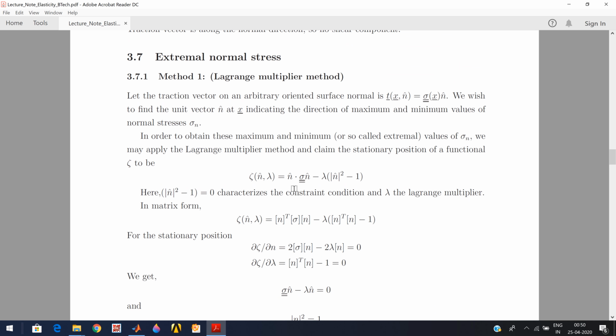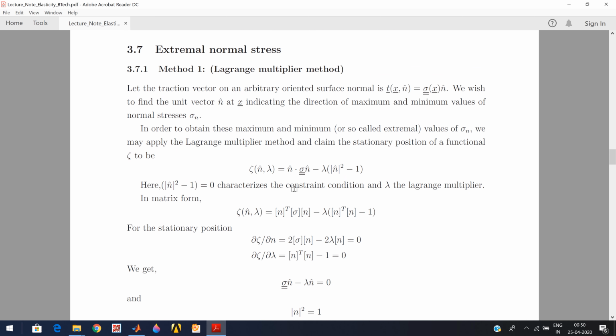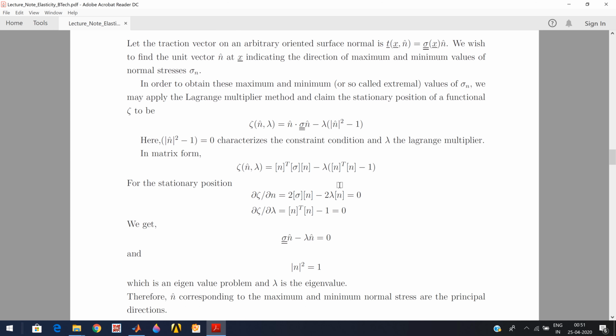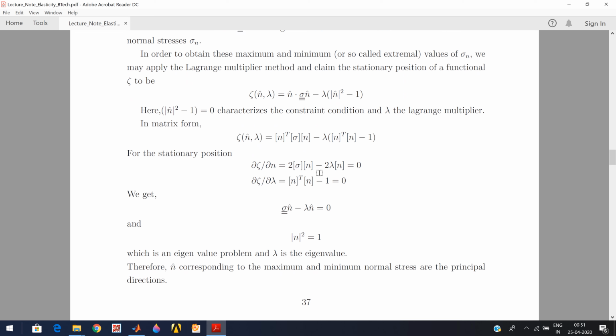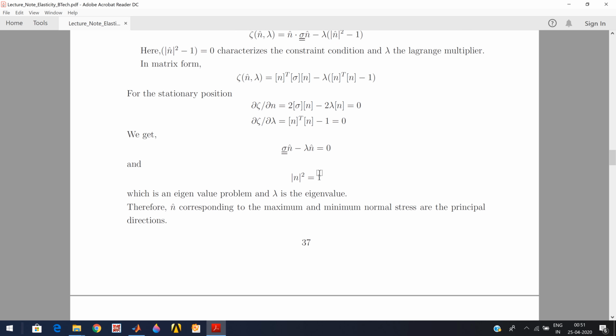Now we will see what the extremal values of the normal stresses are. This can be proved by three methods I have given. One is based on the Lagrange multiplier method. It is quite mathematical, but if you look at the equations you will understand it.